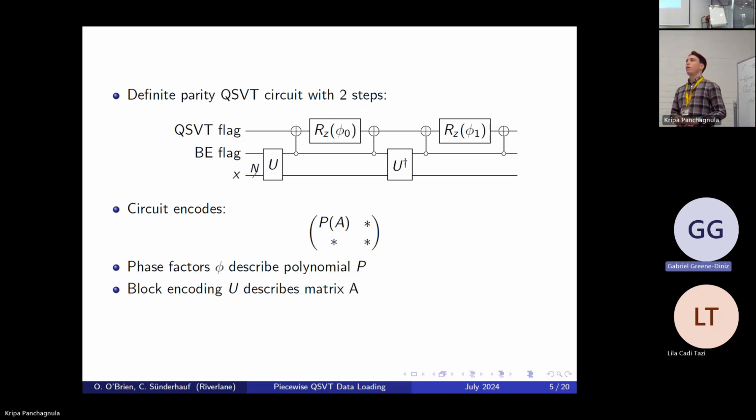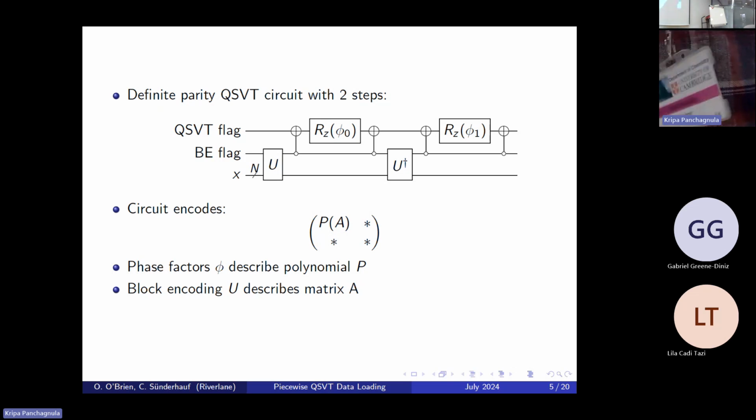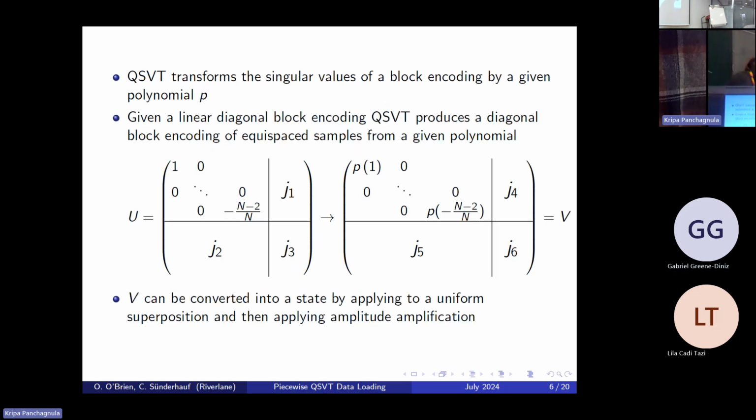From a back of the envelope approach, if I have an epsilon error in each angle, I'm going to get an additive error at the end in terms of my amplitude, so you can bound that. But there is some numerical instability in calculating them depending on which approach you use, so that can cause problems as well. So that's how QSVT works.